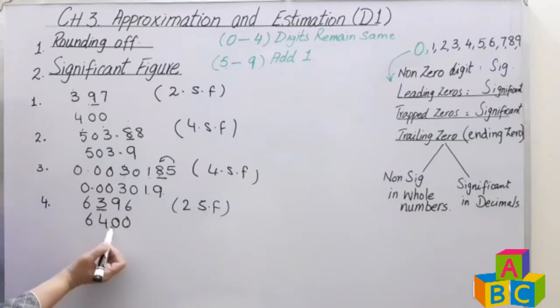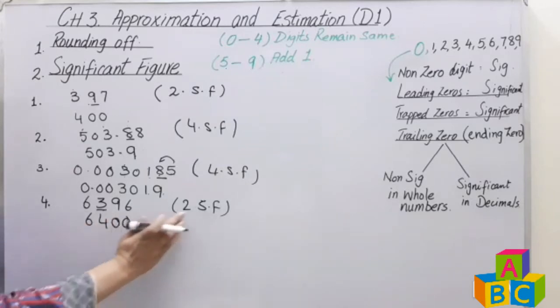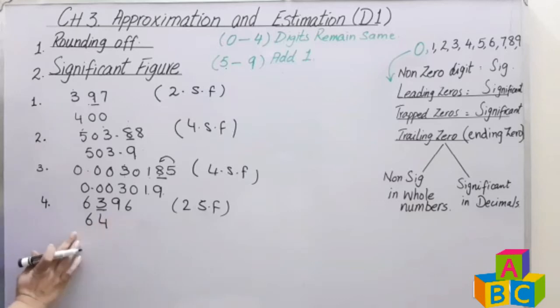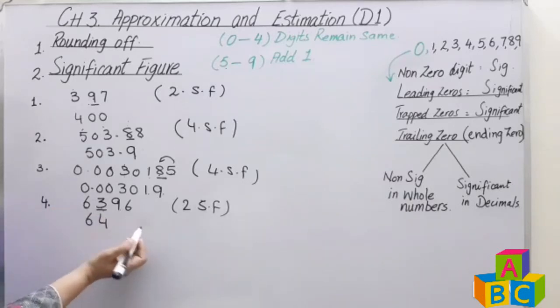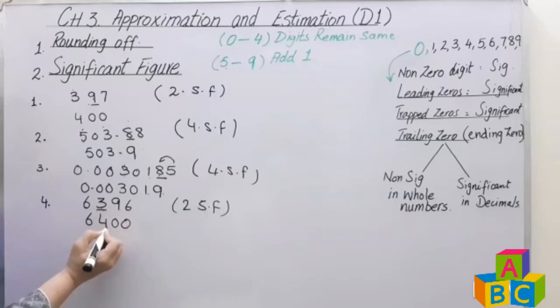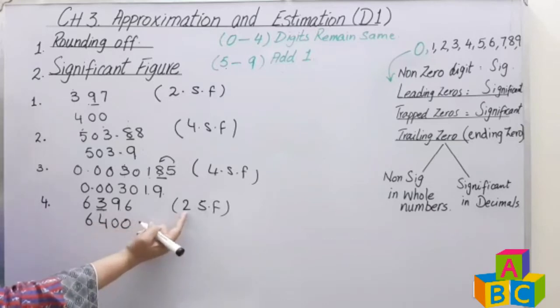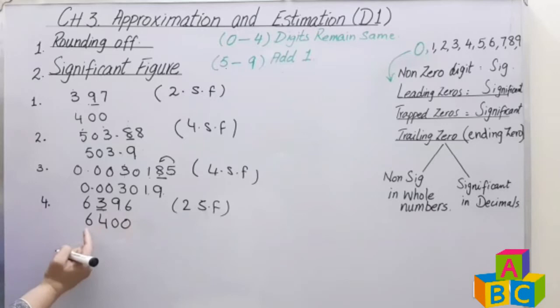Trailing zeros are always non-significant, so we write them. If I write the 2 significant figure answer as 64, this is wrong, because our question is in ones, tens, hundreds and thousands. Our answer should now be in thousands, but in our answer we have only 2 significant figures. So these are 2 significant figures.